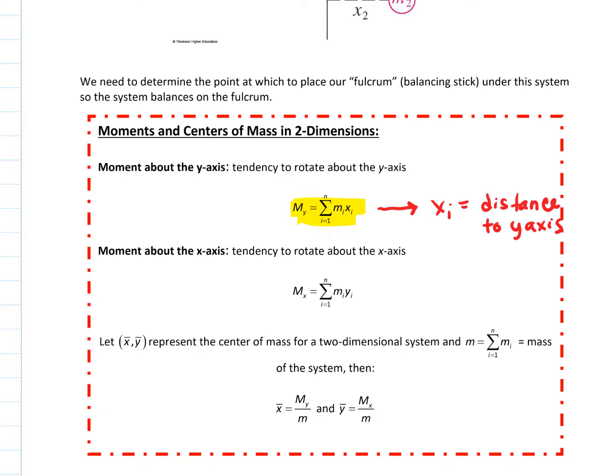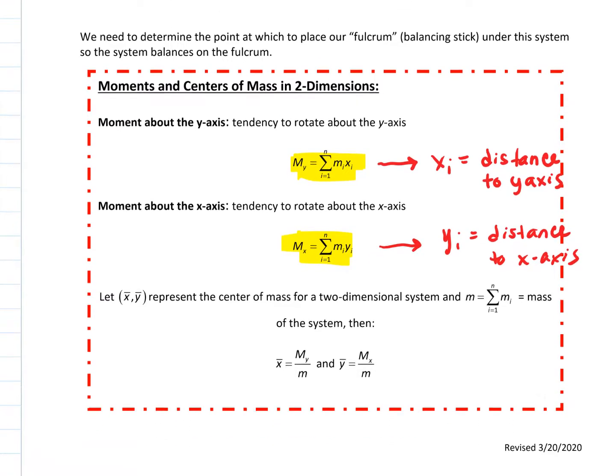So the moment about the x-axis comes from the fact that y sub i represents the distance to the x-axis. And then, of course, the mass of the whole system would just be the sum of all the masses.